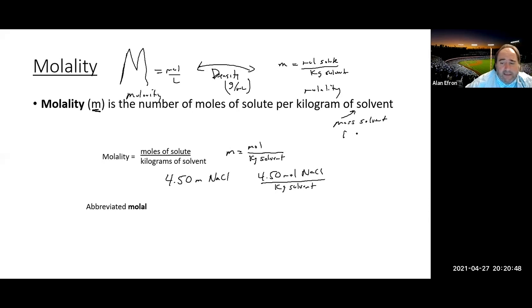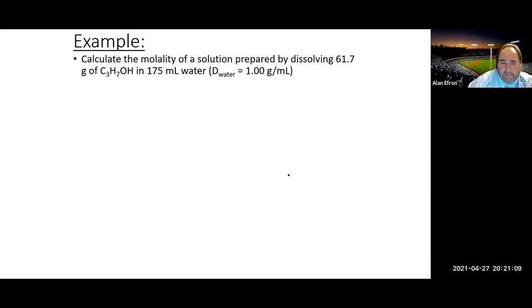Remember, density is mass divided by volume, which means mass would be volume times density. So you sometimes have to use that with the solvent in these types of problems. And sometimes you have to go from grams to kilograms to make sure you calculate molality correctly. So let's take a look at an example of that.